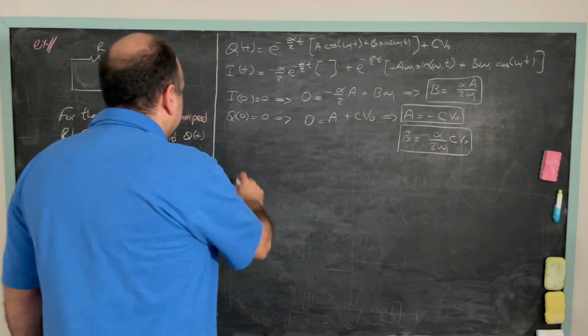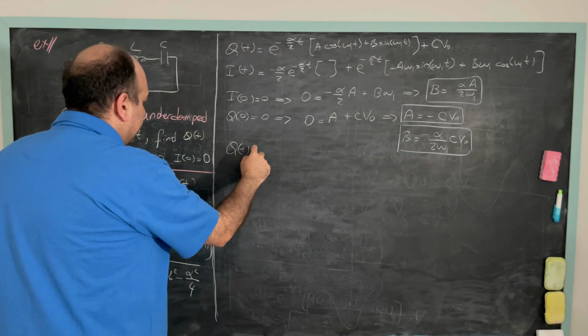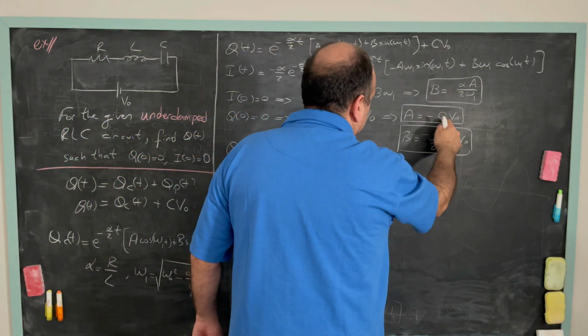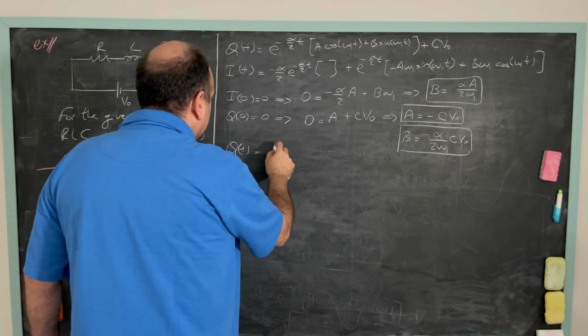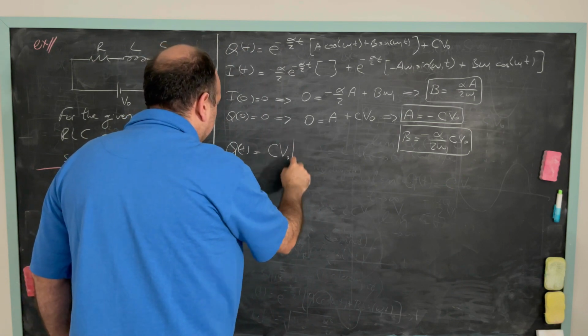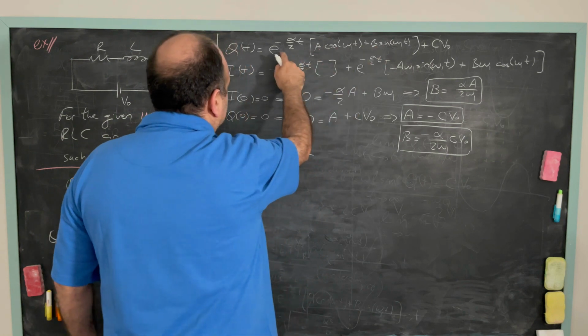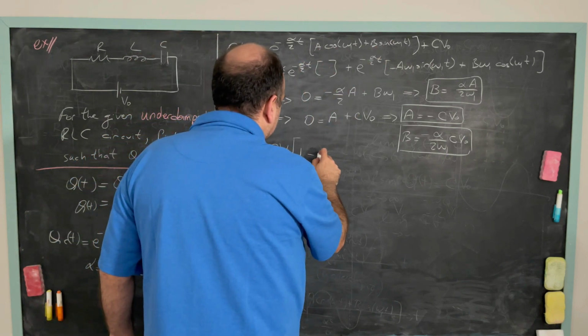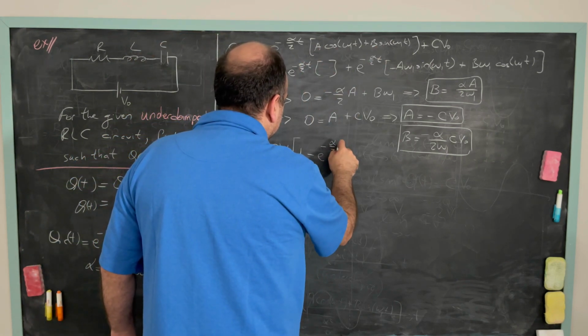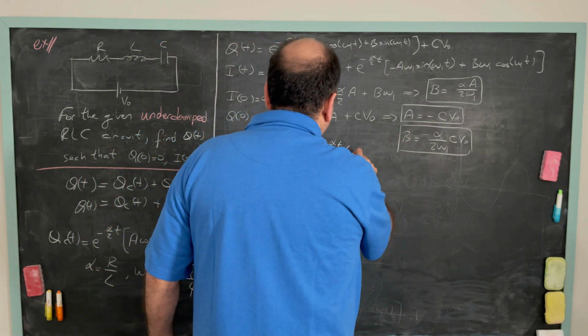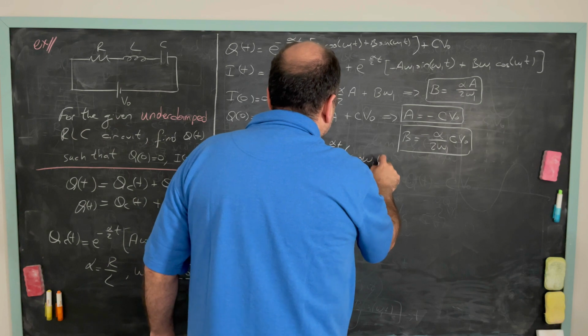Now we can write Q as a function of time t. We have one CV naught here, we also have CV naught here. So C times V naught, parentheses, 1 minus, well, these terms also have this decaying factor, e to the minus alpha over 2t, parentheses, A is just 1 cosine omega 1t.